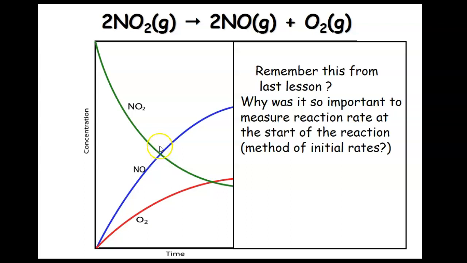This is the point when equilibrium is achieved. And then the decomposition continues until the equilibrium for oxygen is attained. This is the point at which the rate of formation of oxygen is equal to the rate of decomposition of NO2. So these are the two equilibrium points for this reaction.